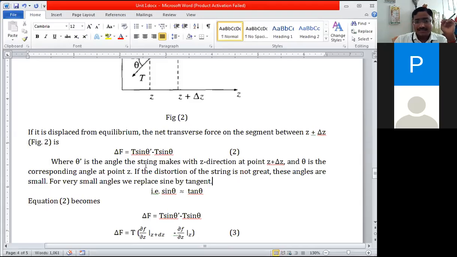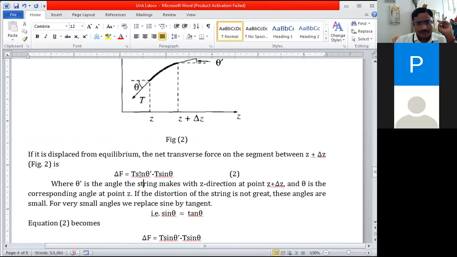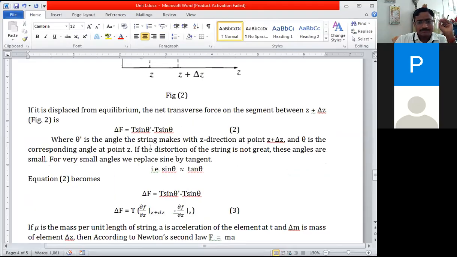Now, as theta dash and theta are very small, we can replace sin theta with tan theta in this equation. It should be t sin theta dash minus t sin theta.